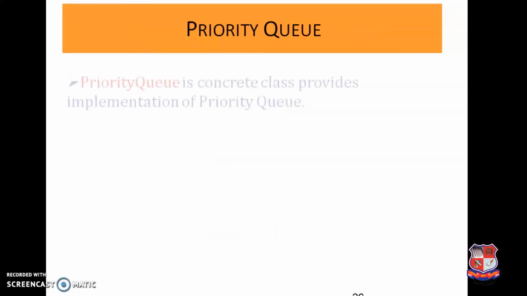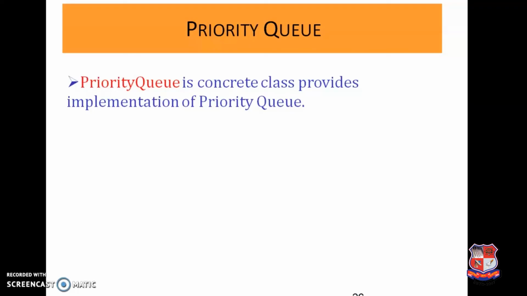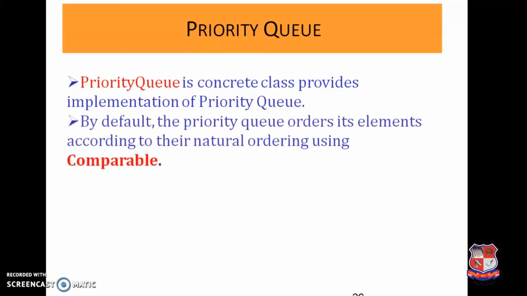Then we'll discuss PriorityQueue. PriorityQueue is a concrete class, which provides an implementation of a priority queue. By default, PriorityQueue orders its elements according to natural ordering using the Comparable interface. The Comparable interface is realized by almost all wrapper classes, and also String, Integer, Boolean.